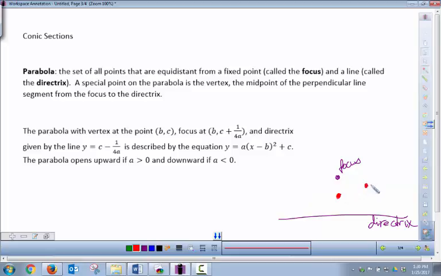But there are an infinite number of other points that have the same distance between the focus and the point and the directrix. And when I say distance, I mean the vertical perpendicular distance.